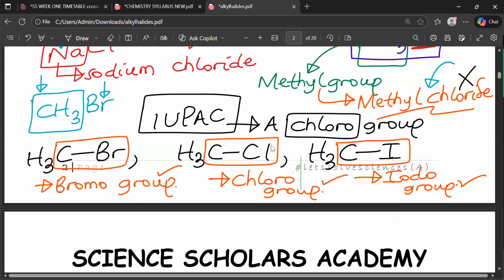But when it is Cl2, it is chlorine. When it is I2, it is iodine. Br2, it is bromine. The moment it touches itself to anything else, it now becomes a group. Br, bromo group, Cl, chloro group, I, iodo group.